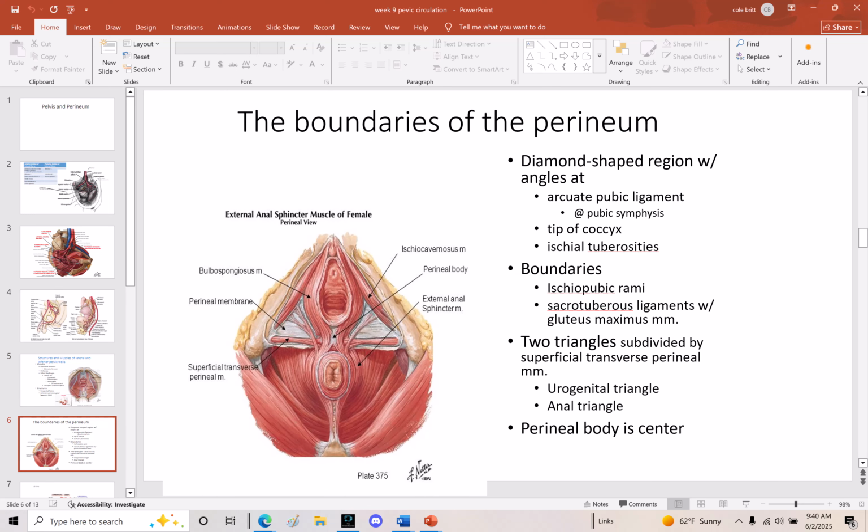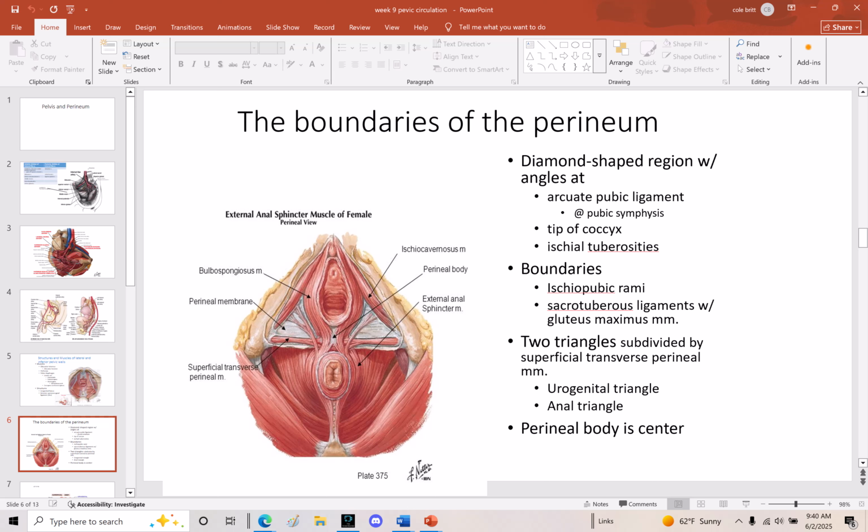So now looking from the bottom up. This is the perineum, and in the perineum you'll have the urogenital and anal triangles. Up here, this is obviously female as well, but here's the vagina. Right here in the center, all the muscles come together at this spot called the perineal body.